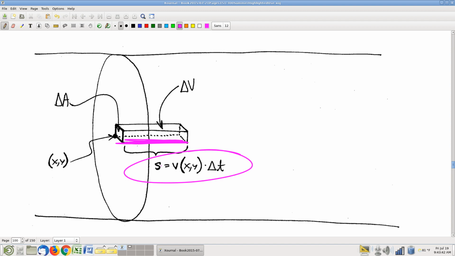This area is delta A. And the total volume in an amount of time delta t is the product. It's purple times green, which gives me the amount of volume.